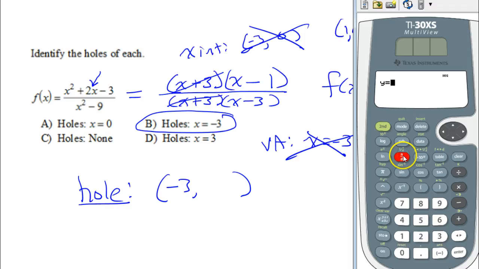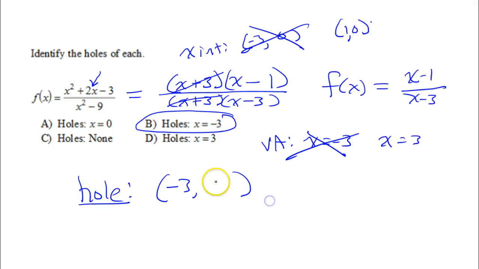Okay, so if I type in the simplified function of x minus 1 over x minus 3, and the hole is at negative 3, so negative 3 comma 2/3.